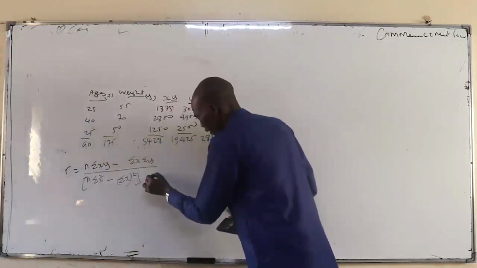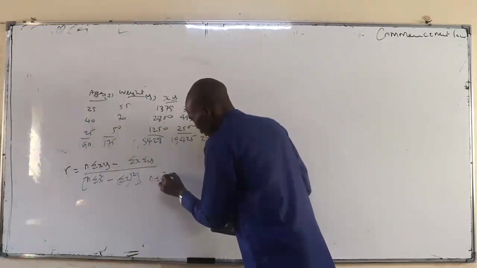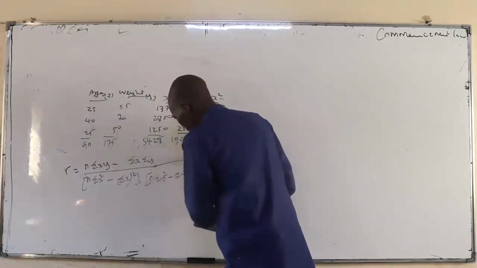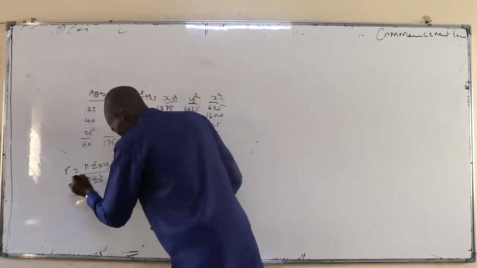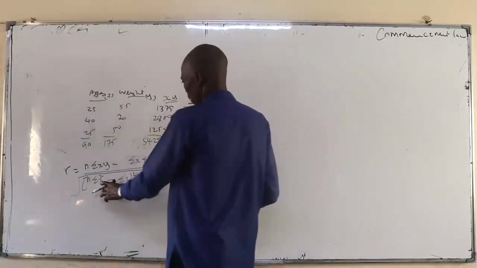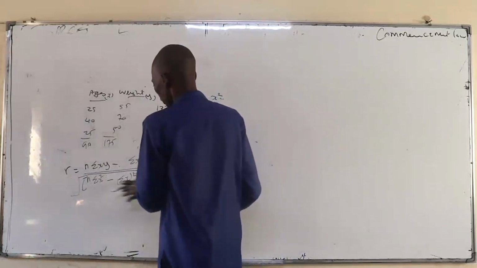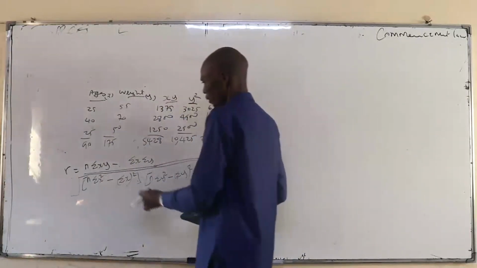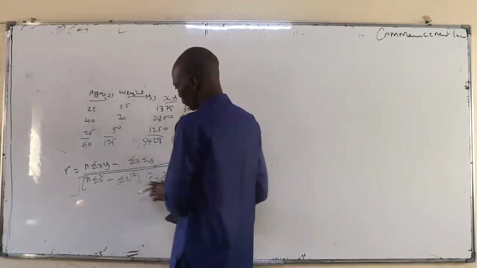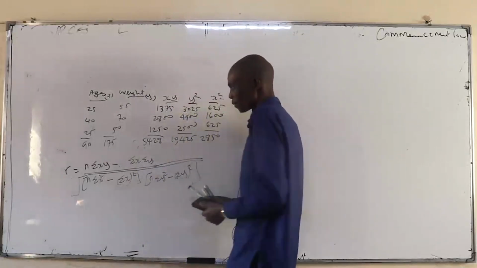Then we have n summation of y squared minus summation of y all squared. We also work this bracket out. And then we get the square root of the product of this bracket and that bracket.